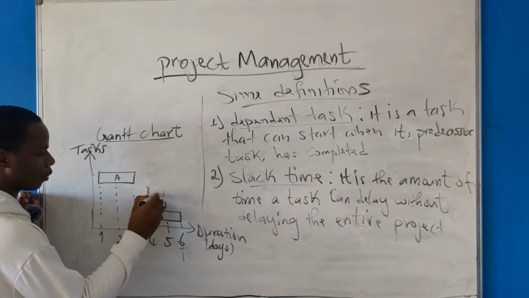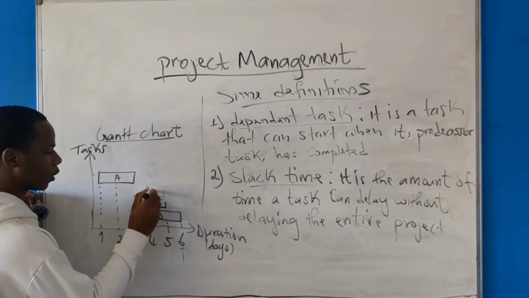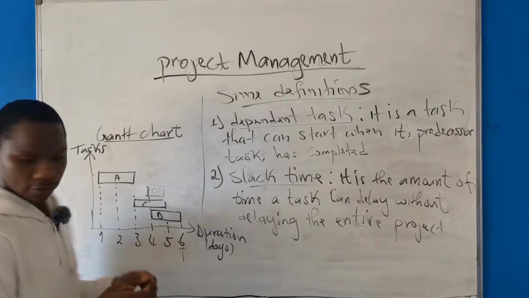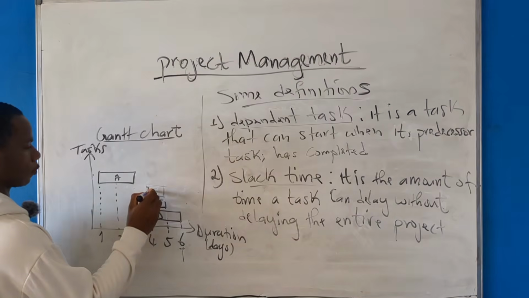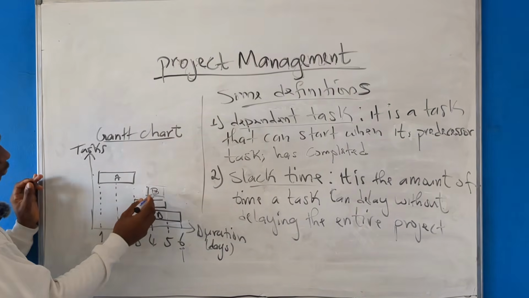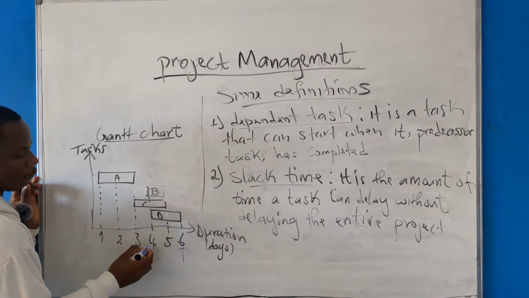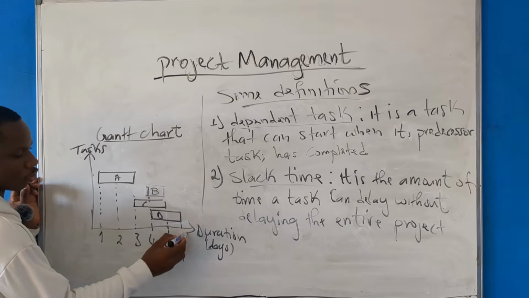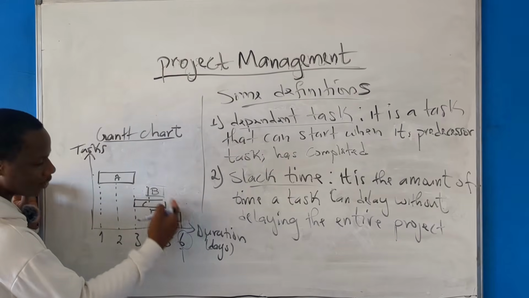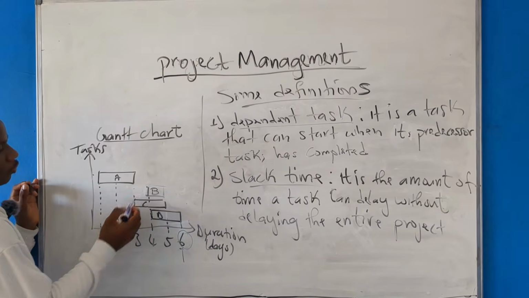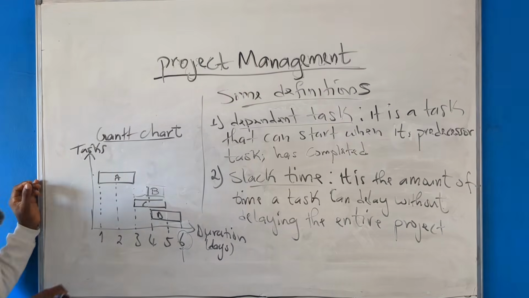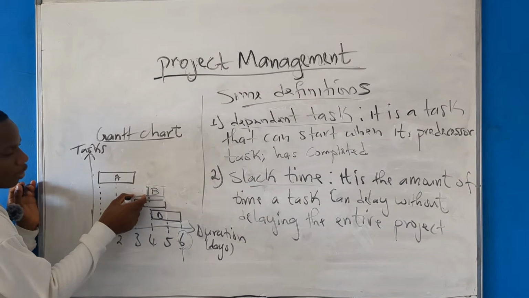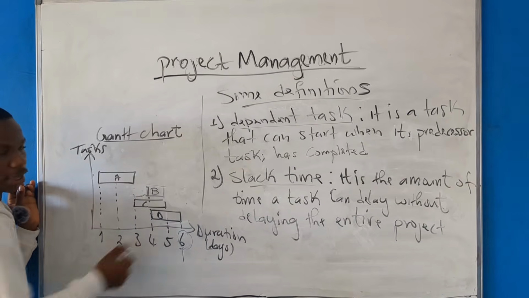So this is task B. The fact that B is starting at day 4 and ending at day 5 is not affecting the duration date of the project. He's not extending the duration date of the project. So the slack time of B is one day. That is the amount of time that you can delay without delaying the entire project.